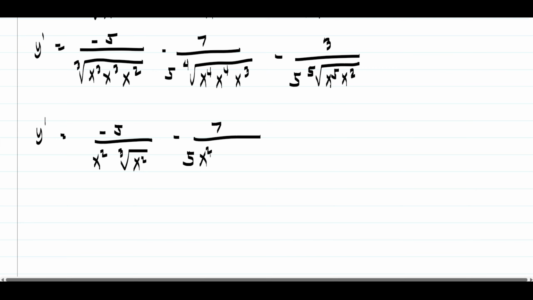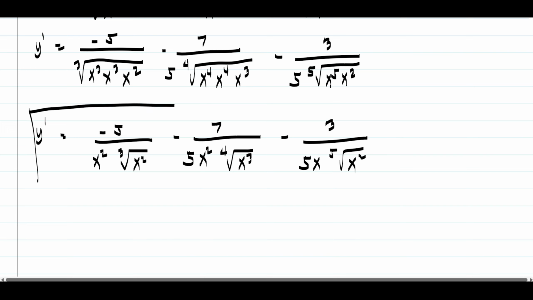The squared indicates the number of perfect fourth roots inside the radical sign. So we have fourth root of x cubed minus 3 over 5. And since we only have 1 x raised to 5, this is x raised to 1 or simply x fifth root of x squared. So therefore, this will be the derivative of the given function.